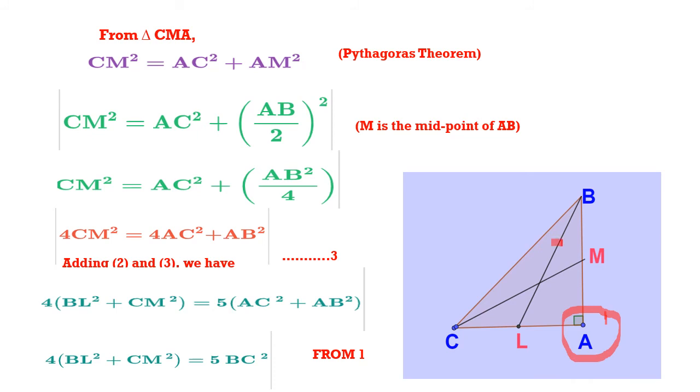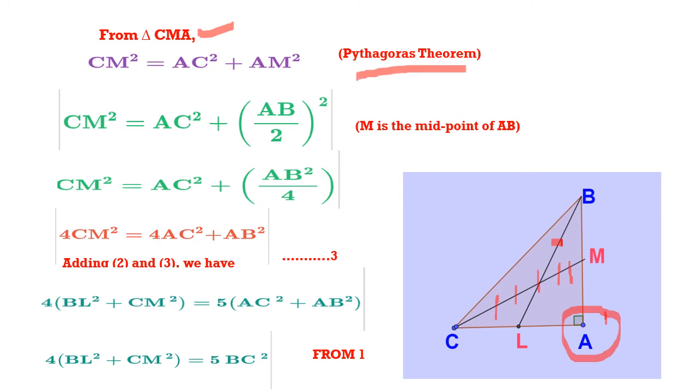First we took this line, and now we are going to talk of this hypotenuse, which is falling on the smaller triangle. Which one? CAM, right? CMA or CAM, both are same. So let us take CMA, right angled at A. Apply Pythagoras theorem: CM squared is equal to AC squared plus AM squared.